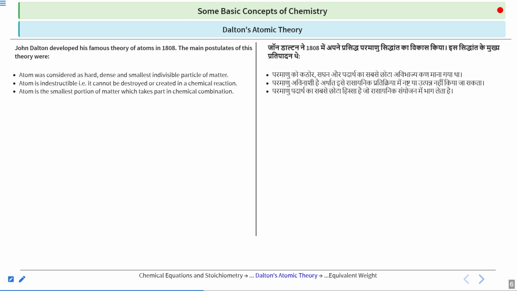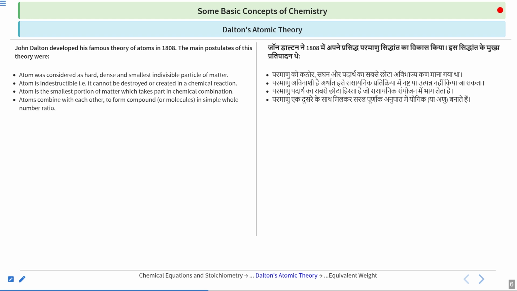So this is the point that makes our chemical equation also. Whenever you see a chemical equation, if you're taking nitrogen, you will get the same number of nitrogen atoms on the reactant side and the product side. So this is given by this point, that the smallest portion of matter takes part in a chemical reaction because it does not break down further.